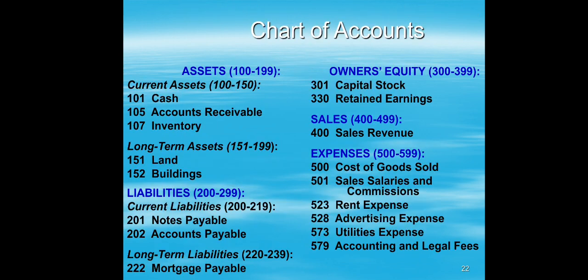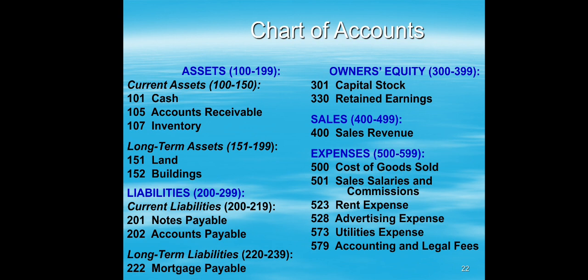This is an example of a chart of accounts. The chart of accounts shows all accounts that appear in the ledger. For example here, 101 account cash, 105 account receivable, 107 inventory.